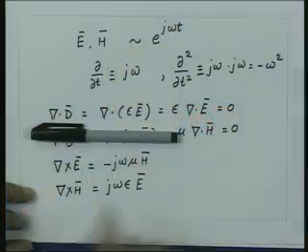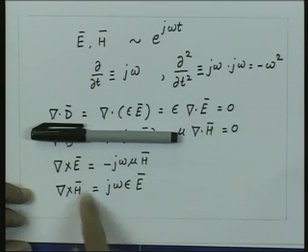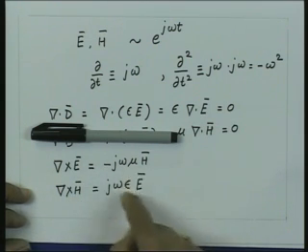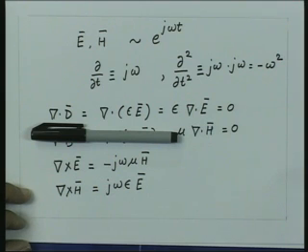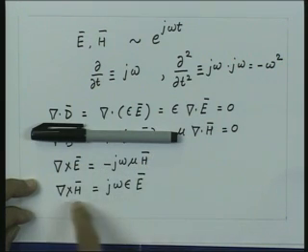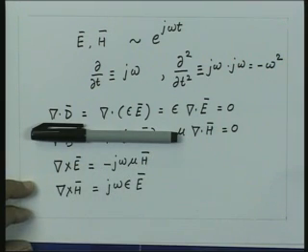Also, as we had noted when we were analyzing transmission lines, these equations are coupled equations. So here the electric field is related to the magnetic field and the magnetic field is related to the electric field. So if you want a solution for the electric and magnetic fields, we have to decouple these equations. And if you recall, in the case of transmission lines, we did that by taking the derivative of each of these equations and substituting from the other equation, and we could decouple the equations.